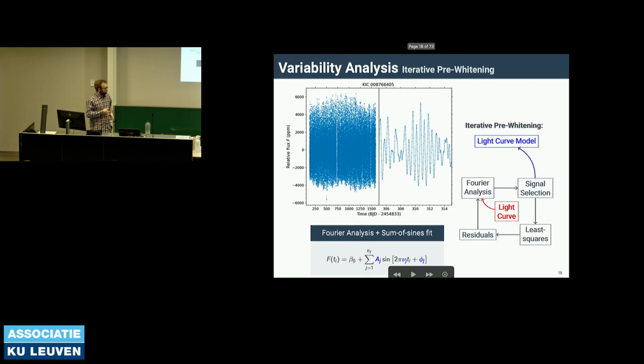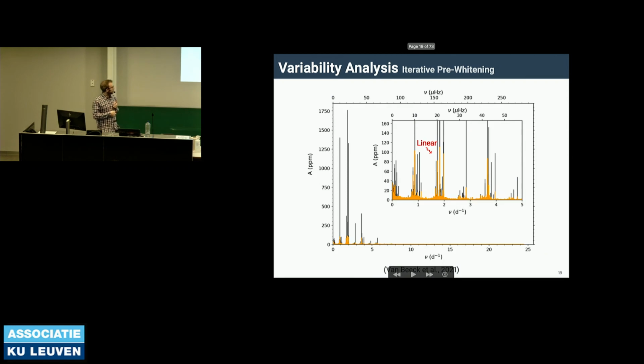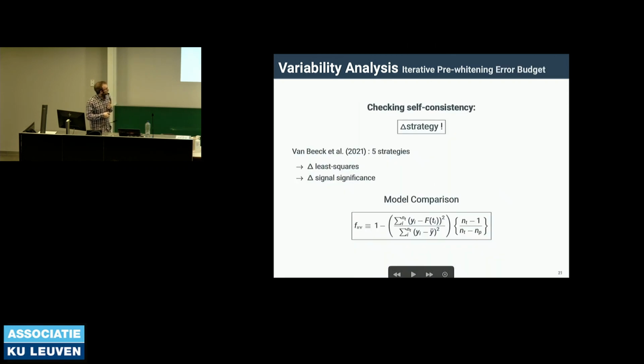We choose which Fourier analysis technique to use, we choose which signal selection criterion to use, we choose when to stop our iterative pre-whitening, we choose how we perform these least squares fitting, and therefore, following Van Beeck 2021, we check the self-consistency of this iterative pre-whitening procedure by varying the strategy. And by that I mean varying the way we perform the least squares fitting, and the way we determine signal significance.